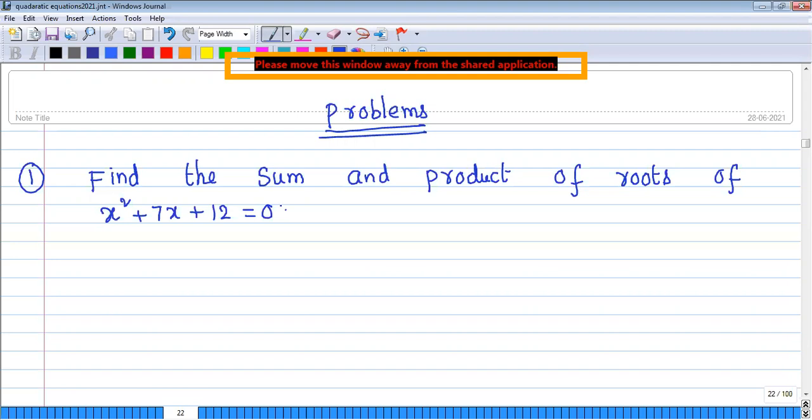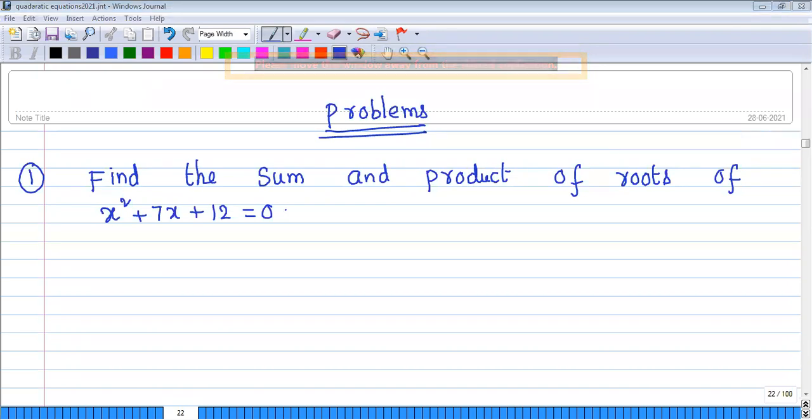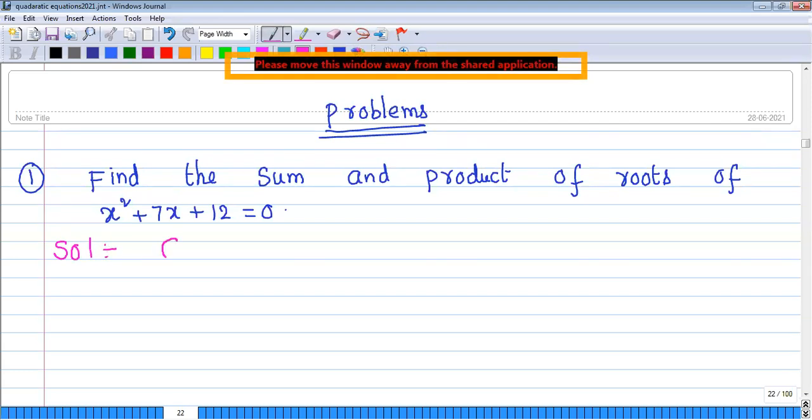As per the first deduction, what is the sum of the roots formula? Alpha plus beta equals minus b by a. What is the product of the roots? Alpha beta equals c by a. Use that only. So first of all you need to find the a value, b value, c value. The given quadratic equation is x square plus 7x plus 12 is equal to 0.